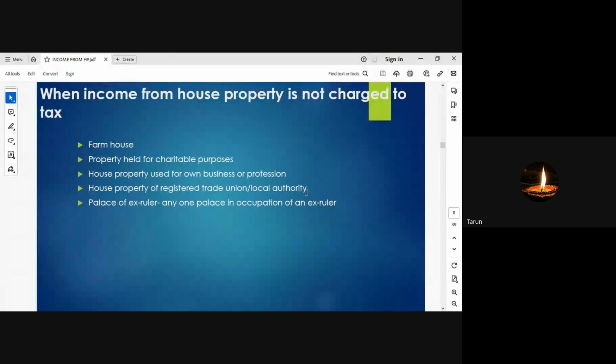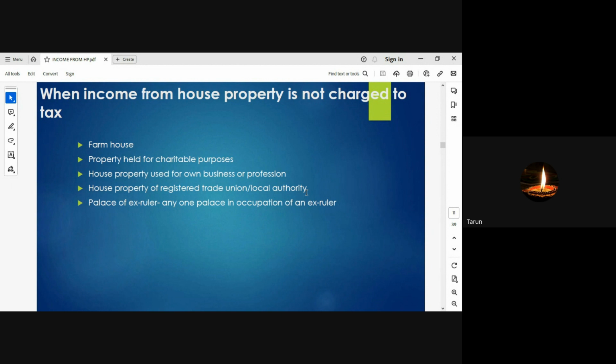It is not taxable; it is not charged to tax under the head income from house property. If any property is held for charitable purposes, like a charitable trust or charitable organization, the income from such properties will not be charged any tax.